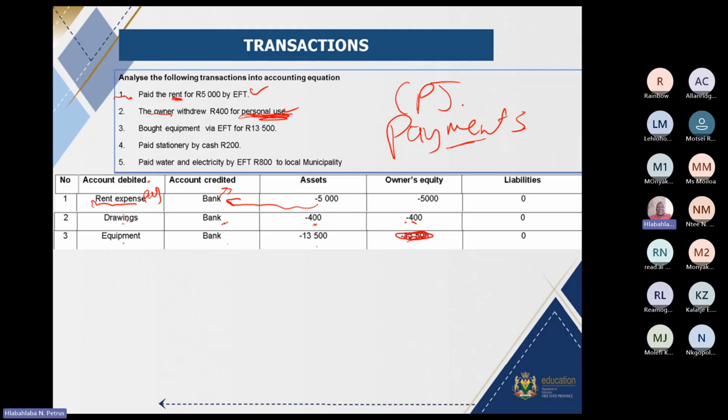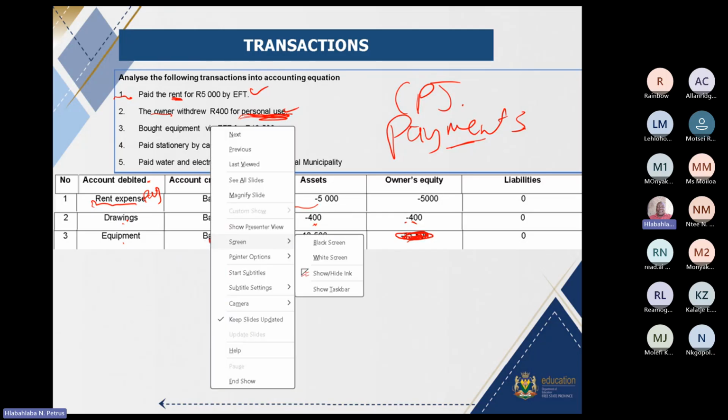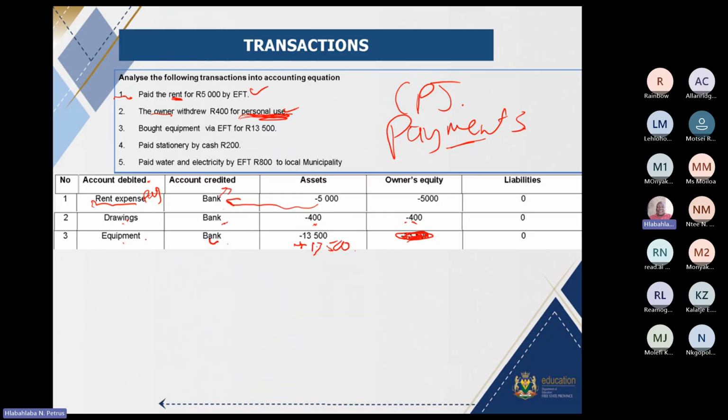It should be plus 13,500, because bank is an asset and equipment is also an asset. Pardon me, it was supposed to be minus 13,500 for the money going out of the bank, and then plus 13,500. Here it should be 0, and again there is 0. Pardon me on that one.